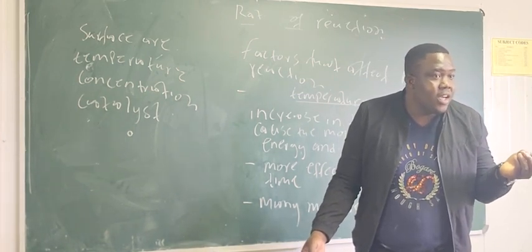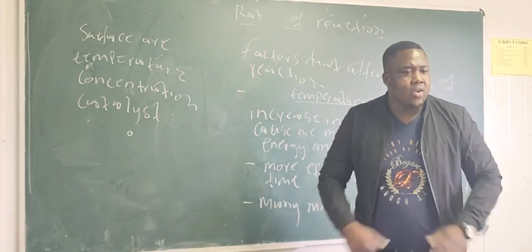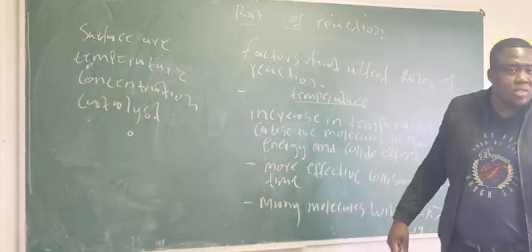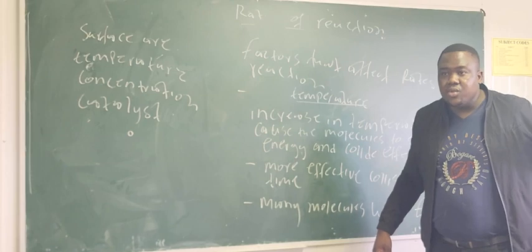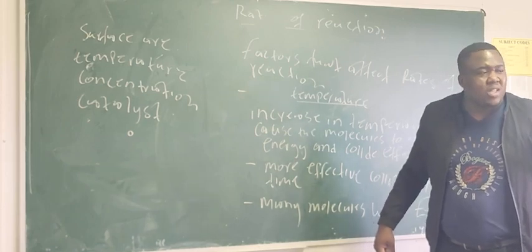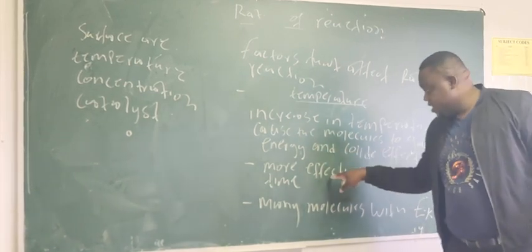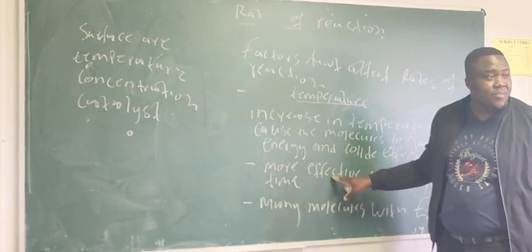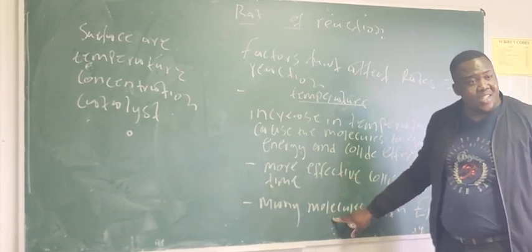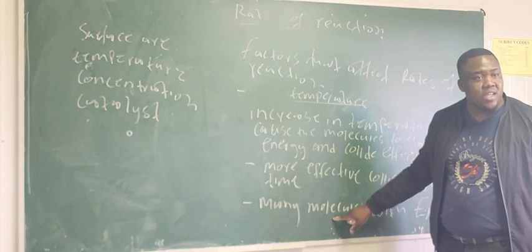Kinetic energy. And when they gain kinetic energy, they will do what? Collide effectively. The molecules now have high kinetic energy, so there are many effective collisions in no time. Many molecules have kinetic energy greater than the activation energy.